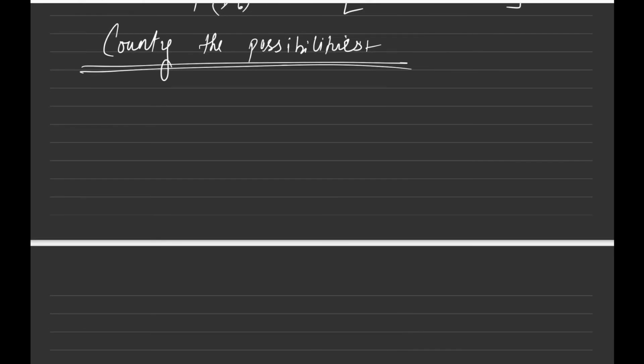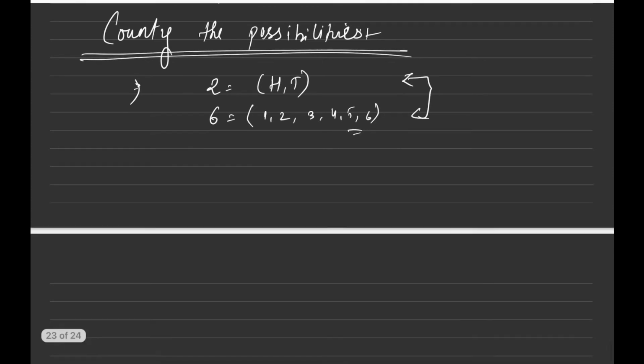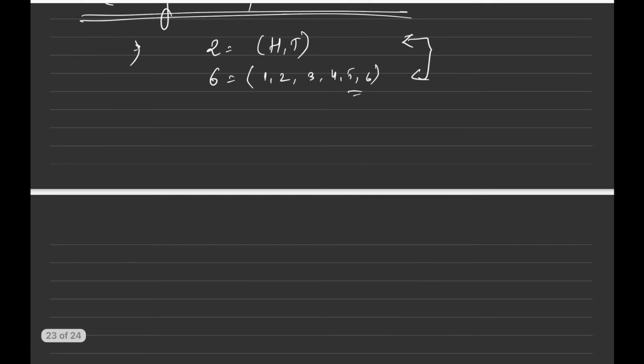One can be, if it's a smaller set, you can literally count on your fingertips. Like, if I toss a coin, the possible outcome is only 2, right? Either head or tail. Similarly, if I roll a die, the possible outcome is only 6. Either it will be 1, 2, 3, 4, 5 or 6. So these are the possible outcomes. Now think like that. If you have a bigger sample space, you cannot count them on your fingertips. So you should have a formula, right?